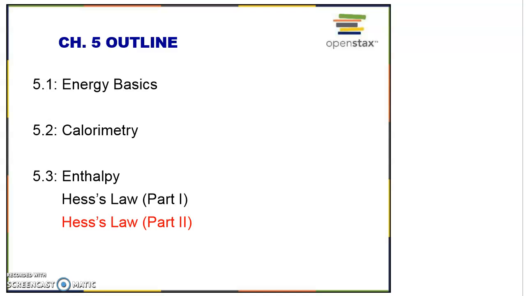In the last video, we learned about Hess's law, the first part. What was the first part? Basically, it is about calculation of the enthalpy of the reaction based on the other equations with the known reaction enthalpy. That means we can manipulate other chemical equations.